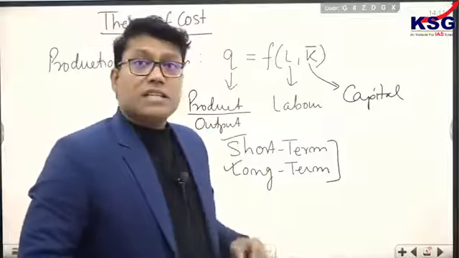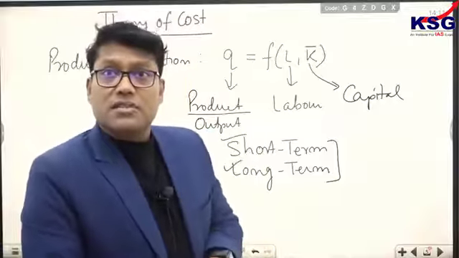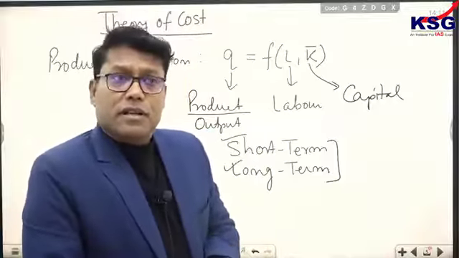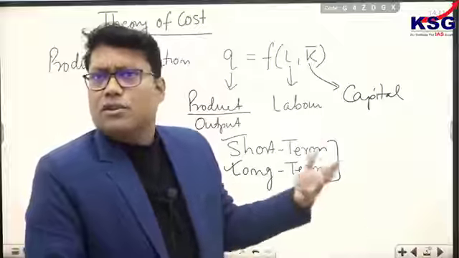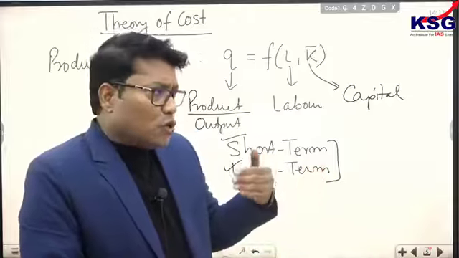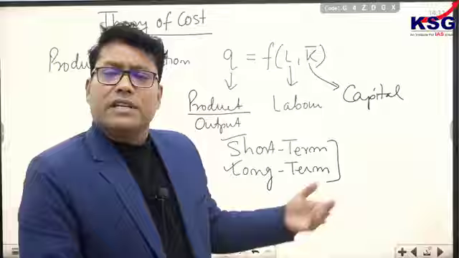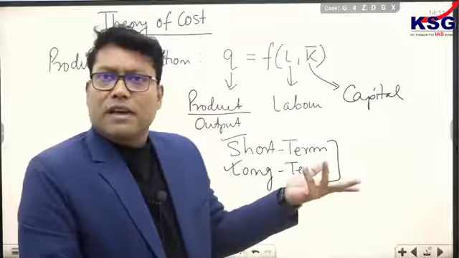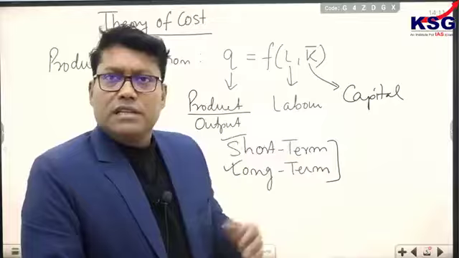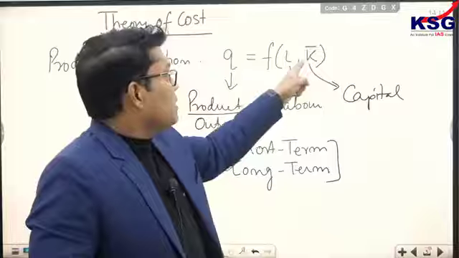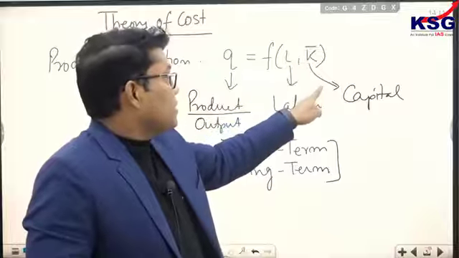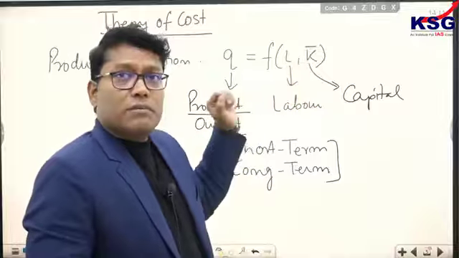But labor is a variable input. Labor is considered as the variable input, that when you want, you can change it. That is the concept behind it. Suppose you want 2 more labors, from tomorrow you can get 2 more labors. You want to fire, you can fire. You want to increase, you can increase. So capital here is considered as the fixed input, and labor is considered as the variable input.